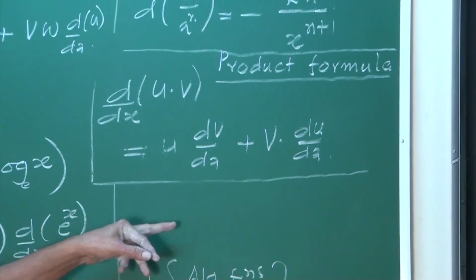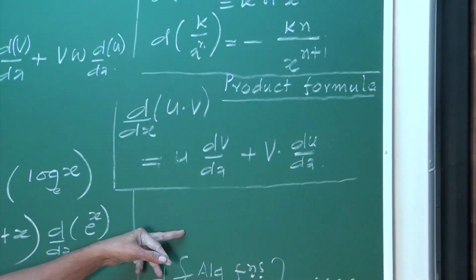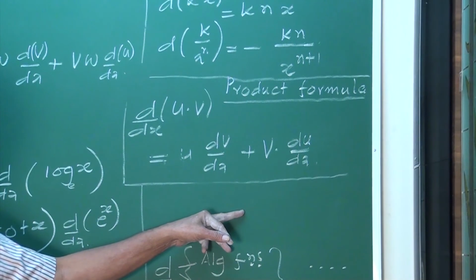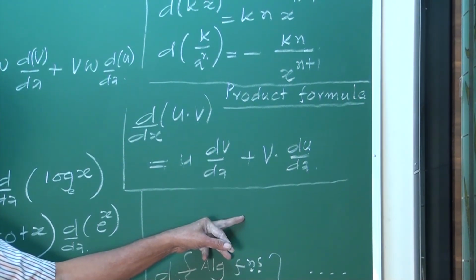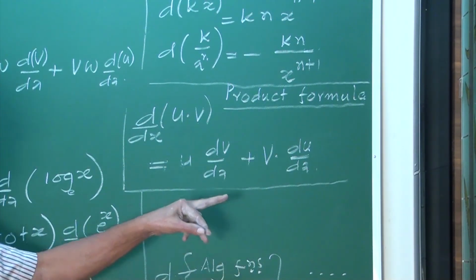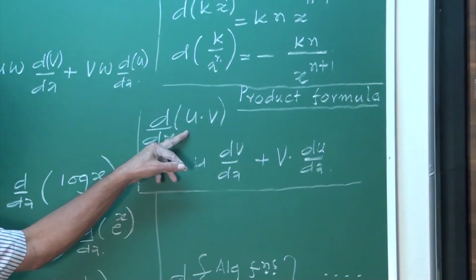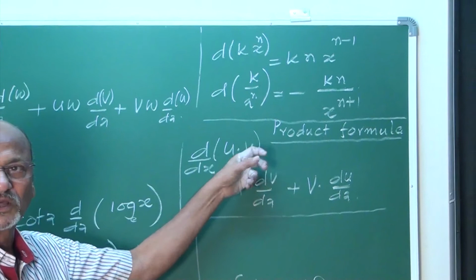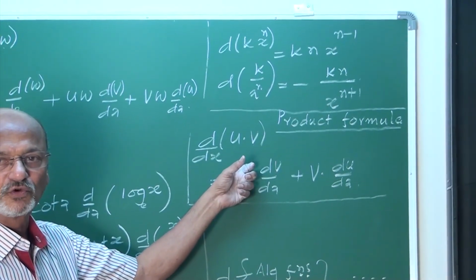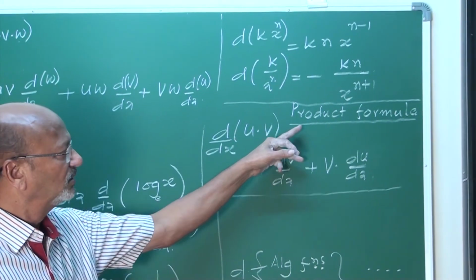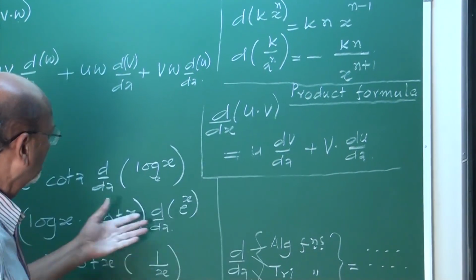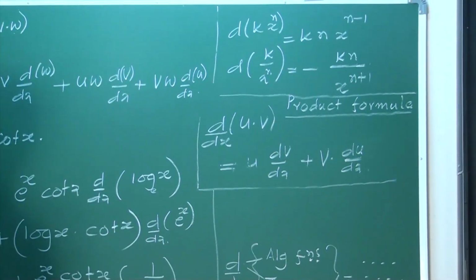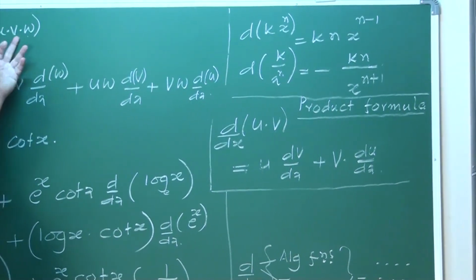Next, y is u plus v minus w, derivative of sum and difference. Then I have done some examples based on derivative of product. Comes under product formula, evergreen, always useful formula, UV. I have done. And this is one special, UVW.